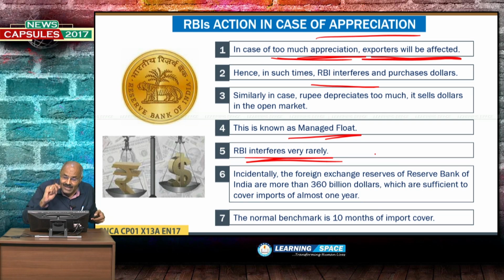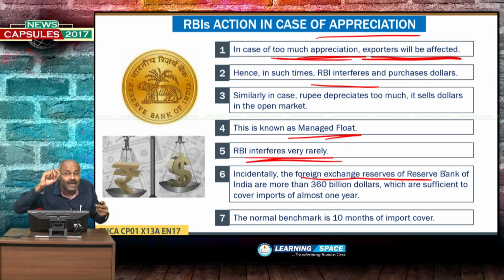Another important point is that the foreign exchange reserves at present are more than $360 billion, and they are sufficient to cover imports of almost 1 year. This is known as import cover. Import cover means for how many months of imports your foreign exchange reserves will take care.